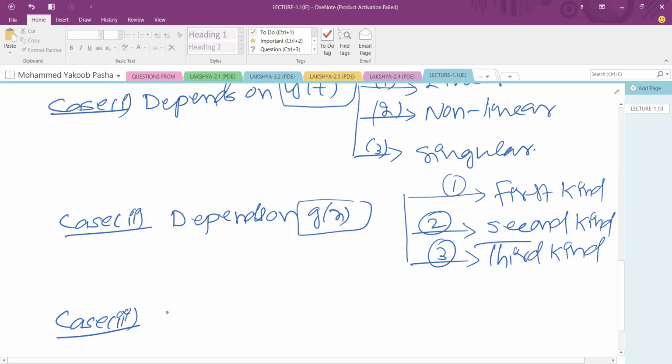And case 3, depends on f of x. We can classify integral equations into two types.